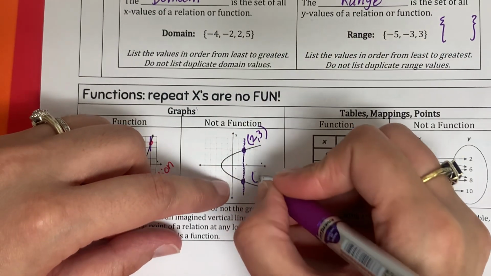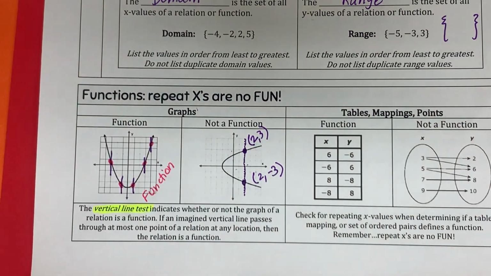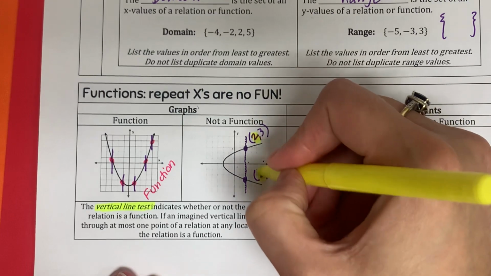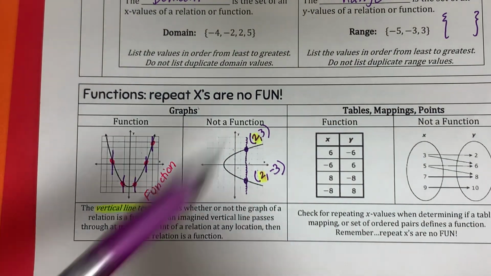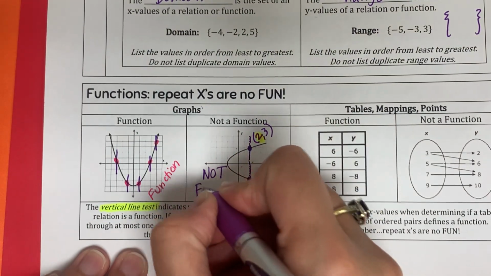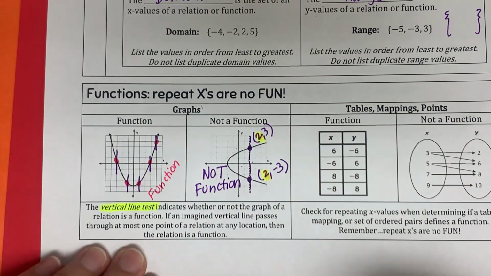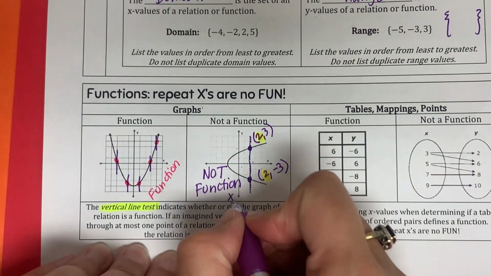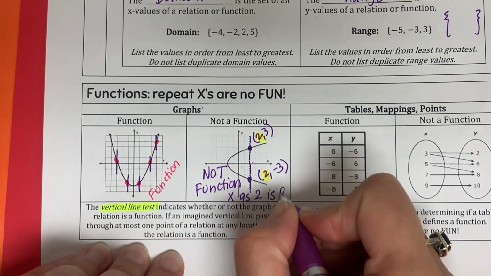Over here as well, x is 2 and y is -3. So the x value of 2 was repeating on this graph. So this is not a function. So you just write not a function. And if I have to give you a reason, I would say that x as 2 is repeating.